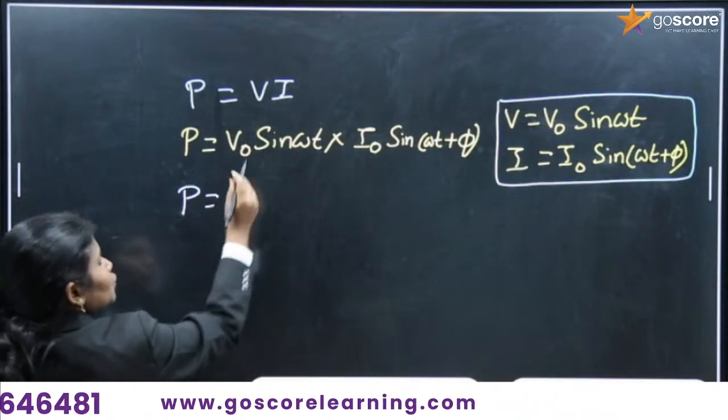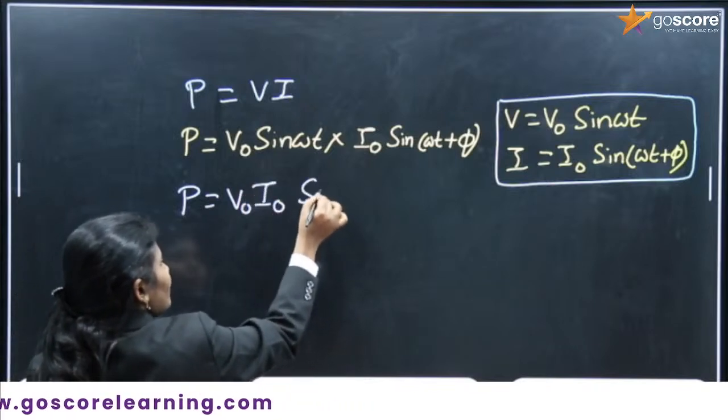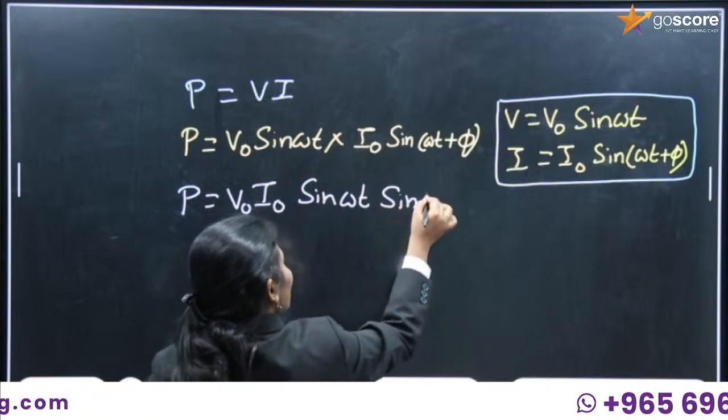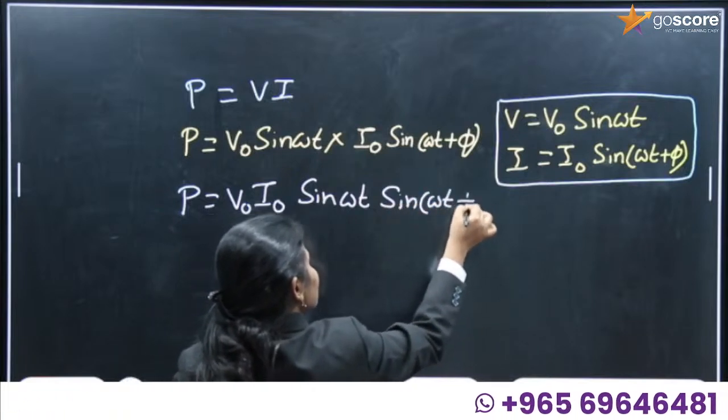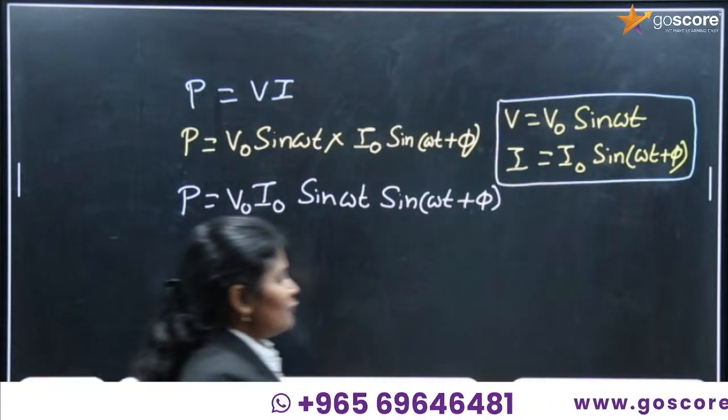P is equal to V naught into I naught sin omega t into sin omega t plus phi. We know one formula, guys.